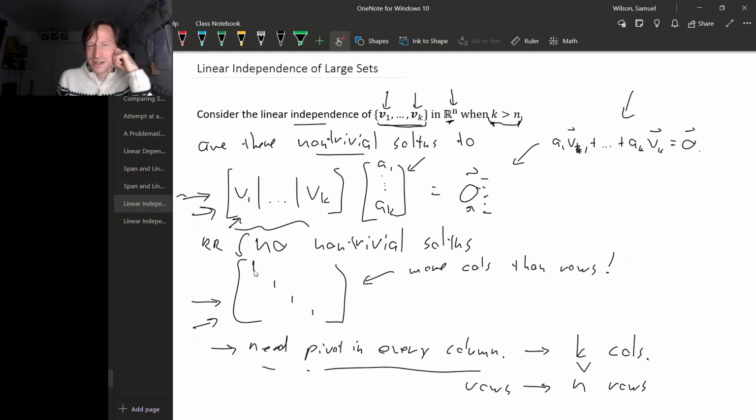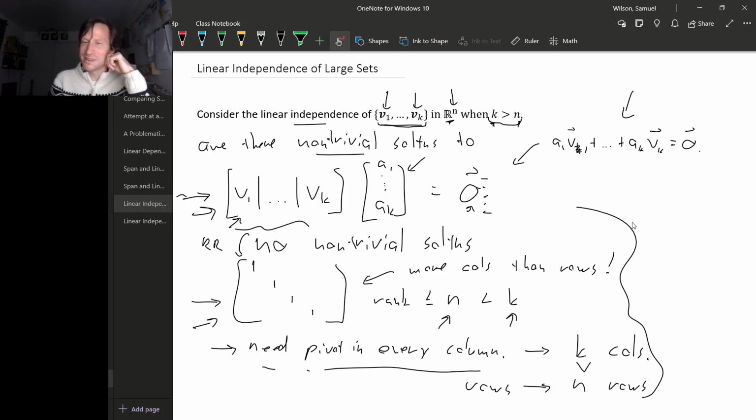The rank is the number of leading ones, but the most you can have is the number of rows. The rank here is less than or equal to n, but that's less than k. So you can't have a pivot in every column because you need k pivots, but the most you can have is n, and n is less than k. So this is impossible, and that means it's impossible to have only the trivial solution. To sum up, in this situation, there are non-trivial solutions.